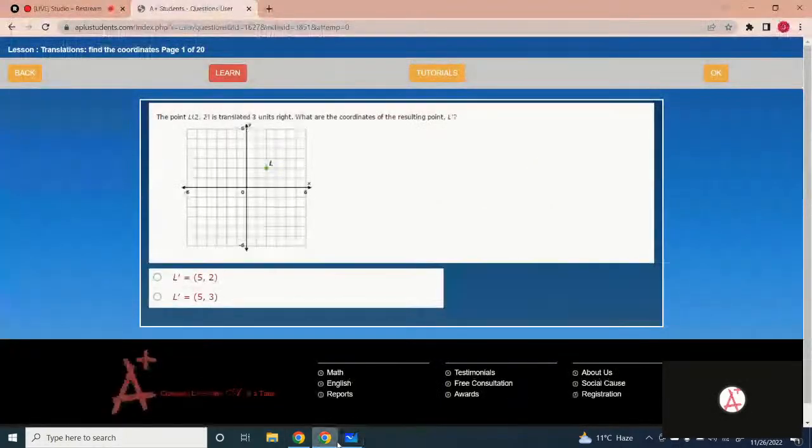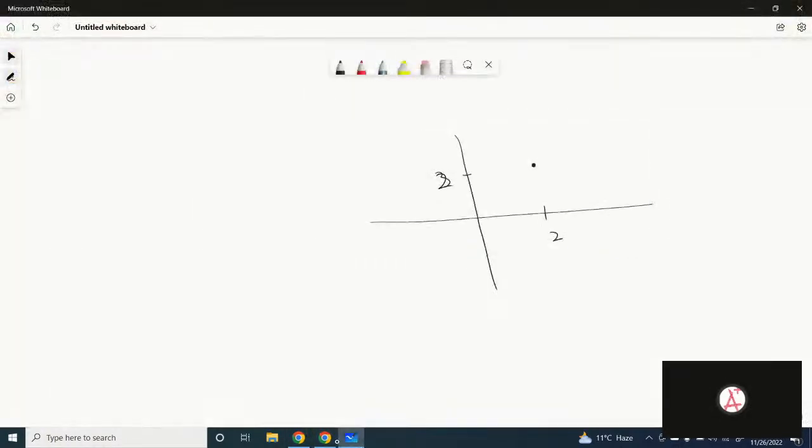So translated 3 units right. Okay, you have to move right. So just move 3 points. 1, 2, 3. It will be 3, 4, and 5.